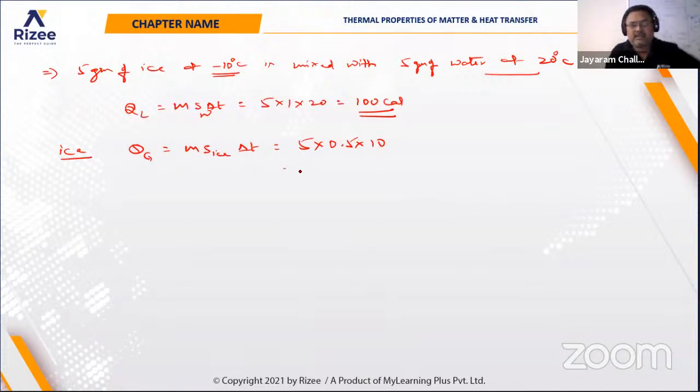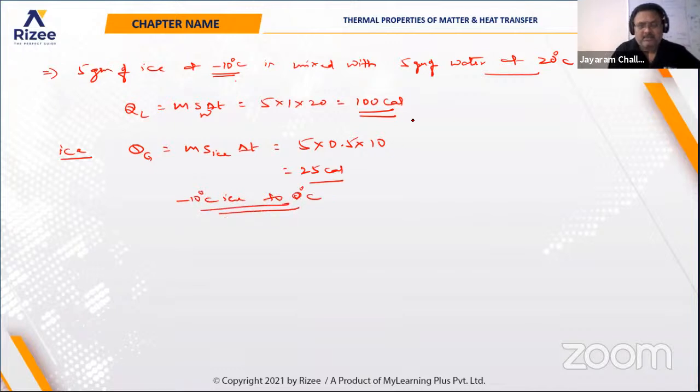So 25 calories is used to convert the ice from minus 10 degrees to ice at 0 degrees centigrade. Now, out of the 100 calories, with the remaining 75, what will it do? Q2 for 5 grams of ice, so now only the 75 calories is left over.